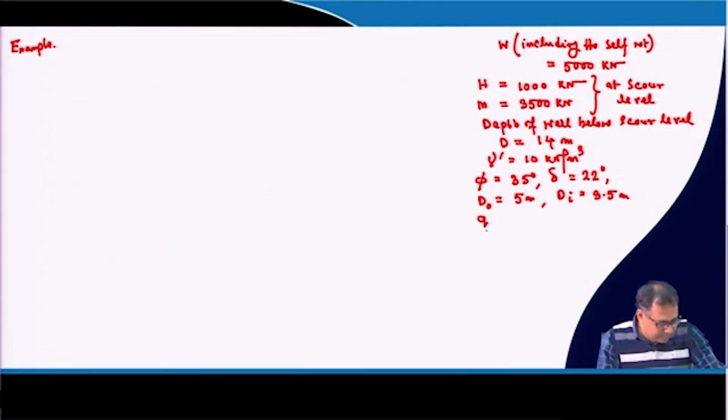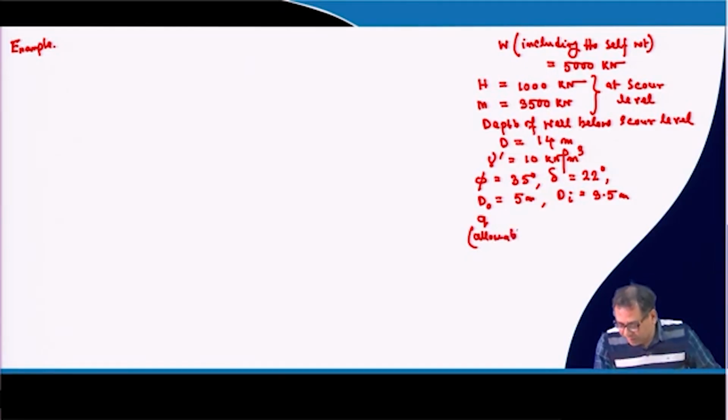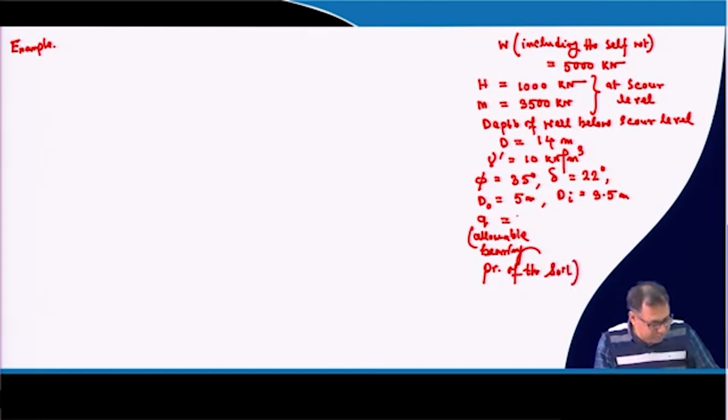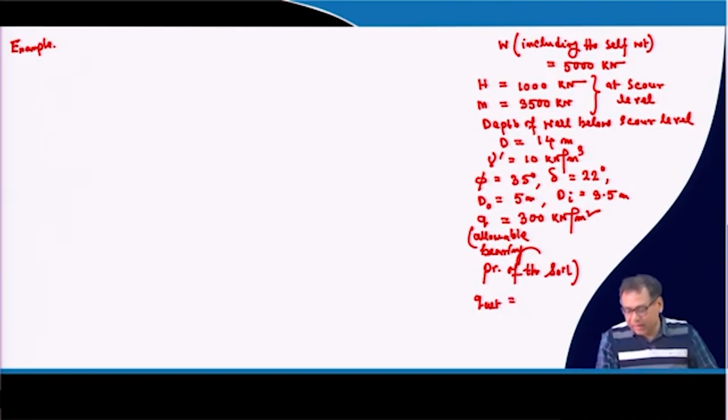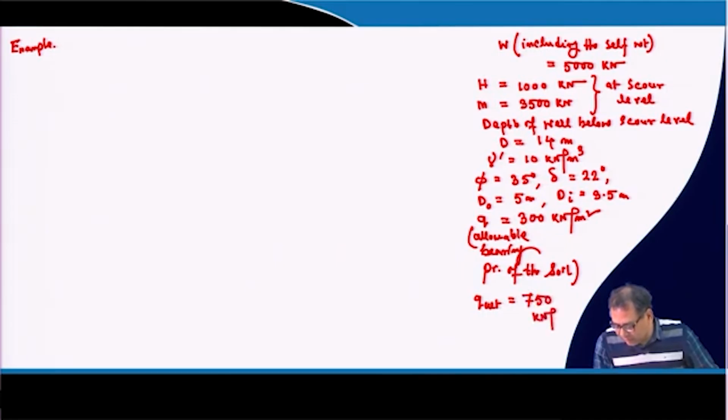Now, allowable bearing pressure of the soil is equal to 300 kilonewton per meter square, and Q ultimate is equal to, say, if I apply a 2.5 factor of safety, say it is 750 kilonewton per meter square.